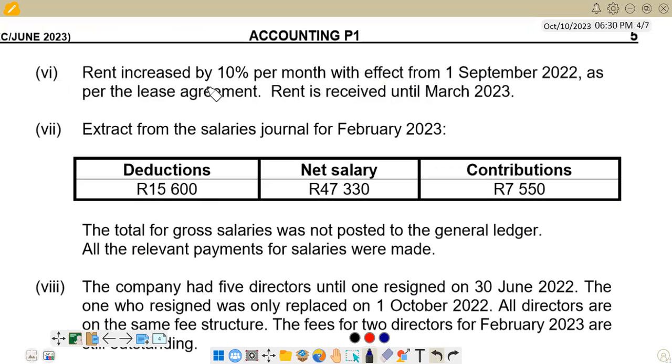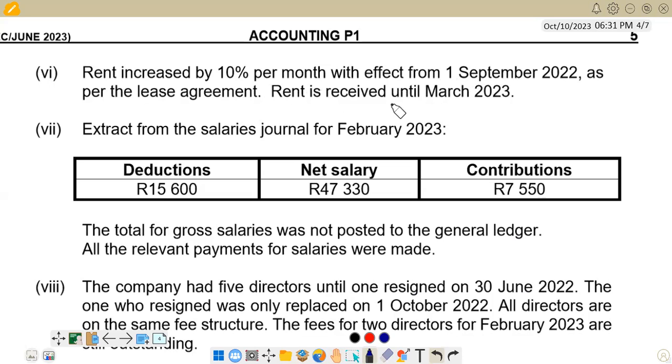What we are told is that the rent increased by 10% per month with effect from 1 September. And we know that our year is starting on 1 March 2022, and it's ending on 28 February 2023. Very important to take note of that. So the rent is being explained as having increased on 1 September.